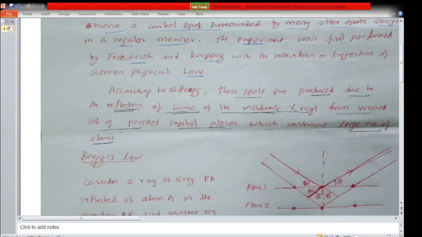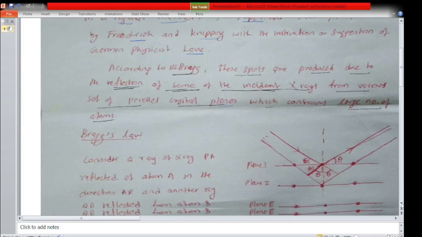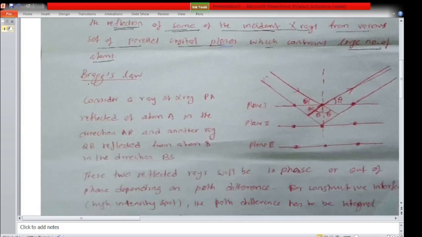Because all those atoms interact with the incident X-rays, they will reflect the X-rays at some particular angle. Then the reflected X-rays can interact, and they will form these kinds of patterns. That is the explanation given by W.L. Bragg.